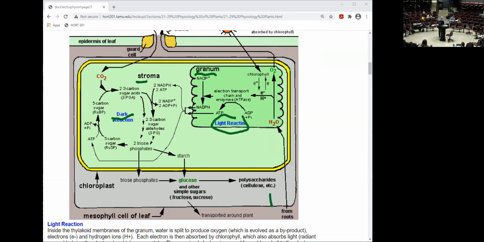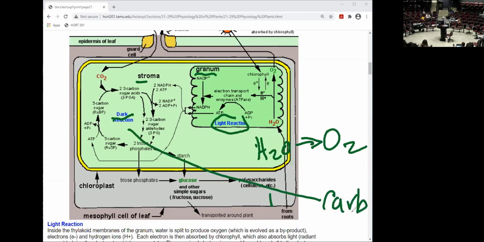In the light reaction, water is split and oxygen is made. That is a separate chemical equation. Okay? It's in the stroma, in the dark reaction, where the carbohydrate or glucose is assembled and oxygen is produced as a byproduct.